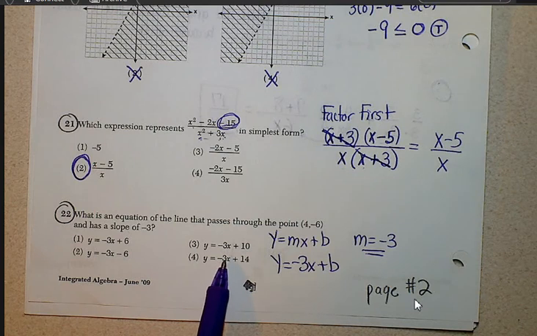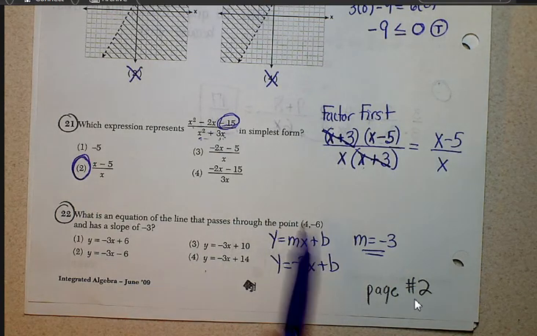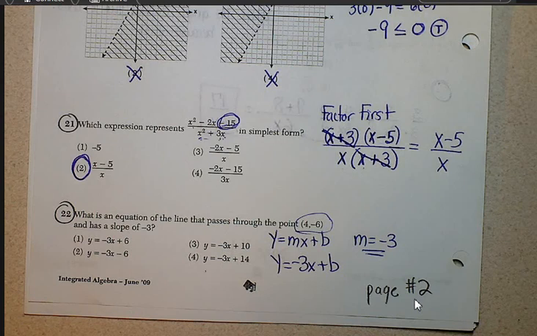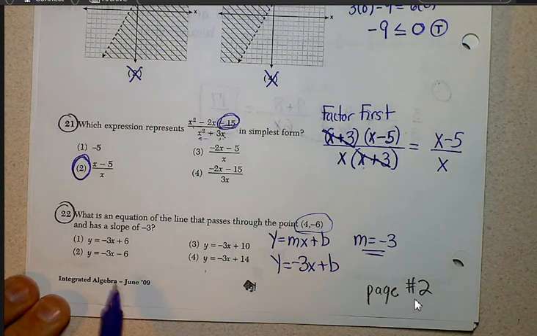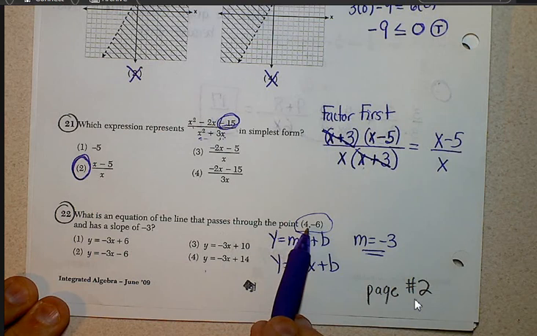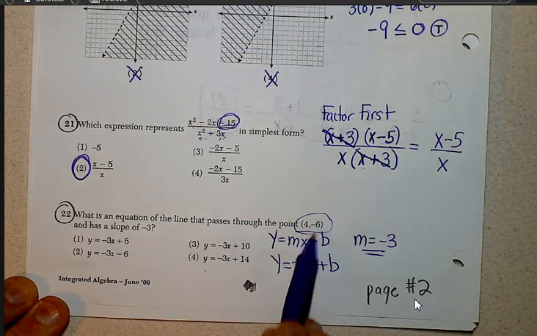So now we're looking for, so all of these lines have slopes of negative 3. Now we're looking for which one contains the point 4, negative 6. In order to check this out, we just simply take the number 4 and plug it in for x, and we plug the negative 6 in for y, and we see which one is going to work.